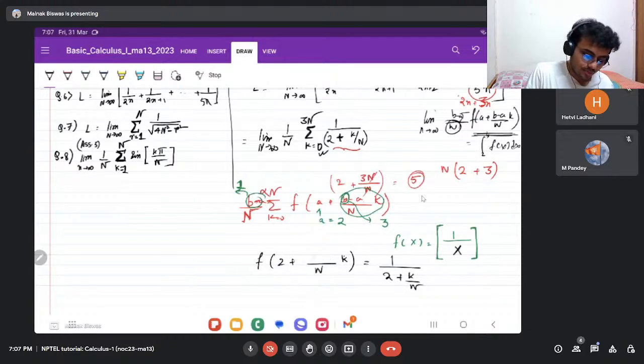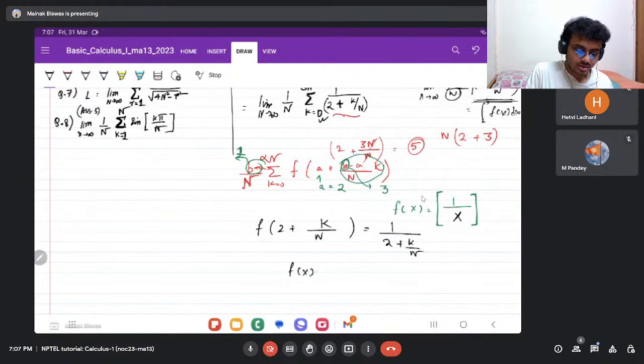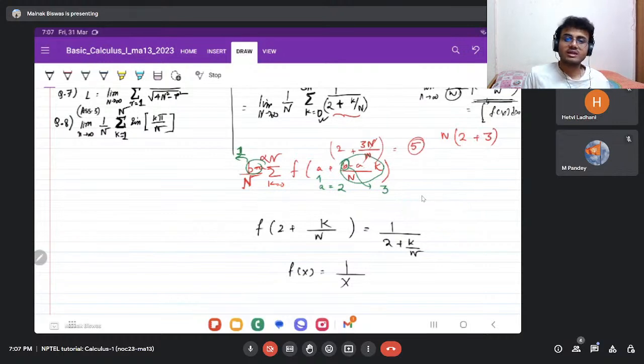Here we have put k by n. So what is f of x? 1 over x, right? Not 2 plus 1 by x. Whatever is in the argument, if you take it as t, this is also t, right?